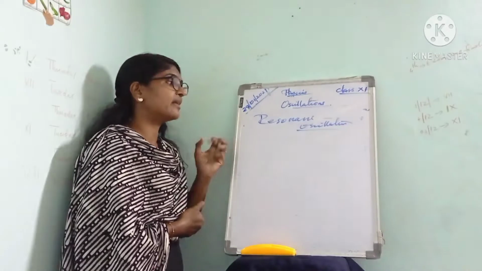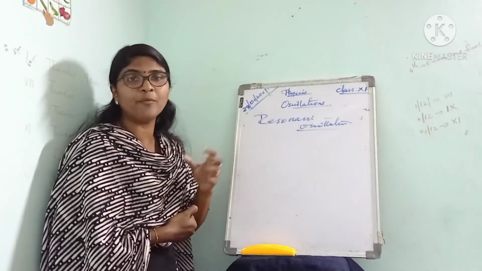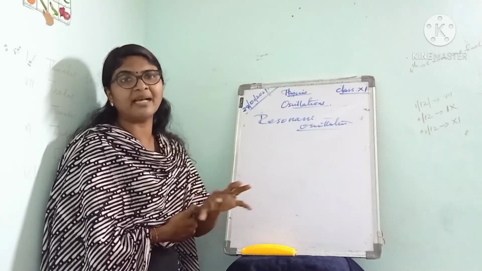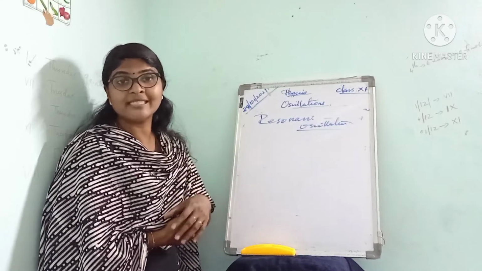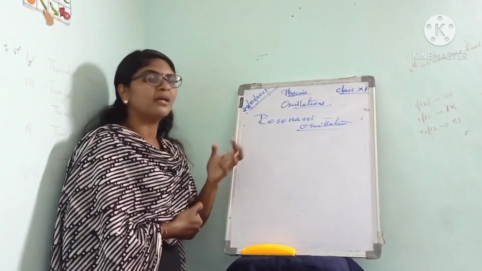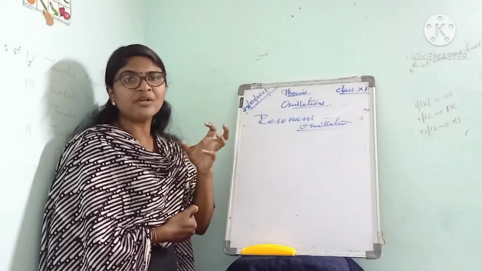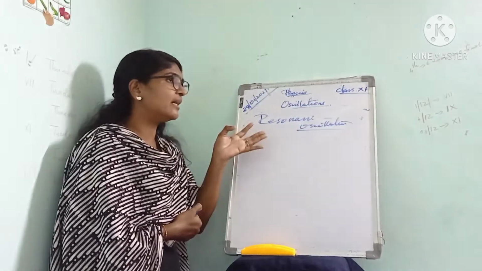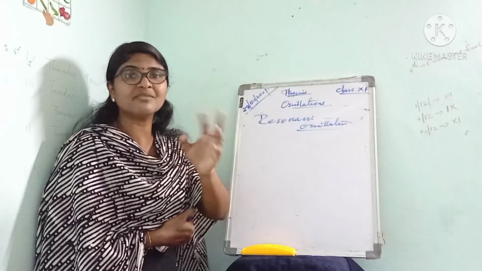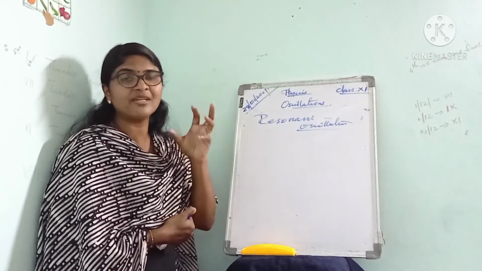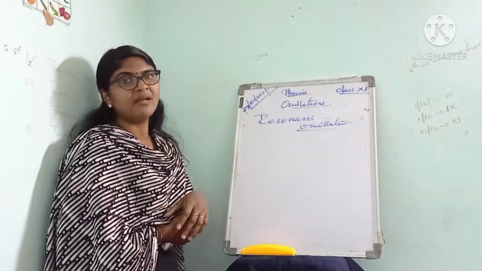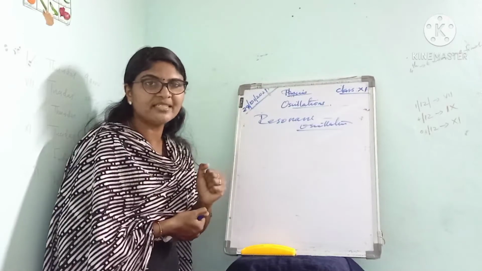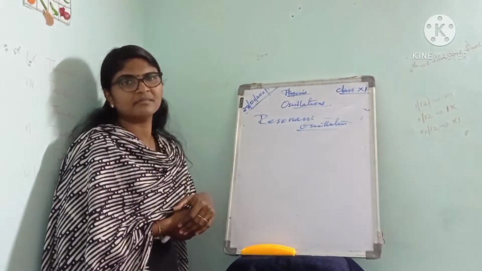Such oscillations are called resonant oscillations, and such a phenomenon is called resonance. This happens at a particular frequency alone, where the frequency of the driving force matches the frequency of the oscillator itself. That frequency is called the resonant frequency, the frequency at which resonance happens.